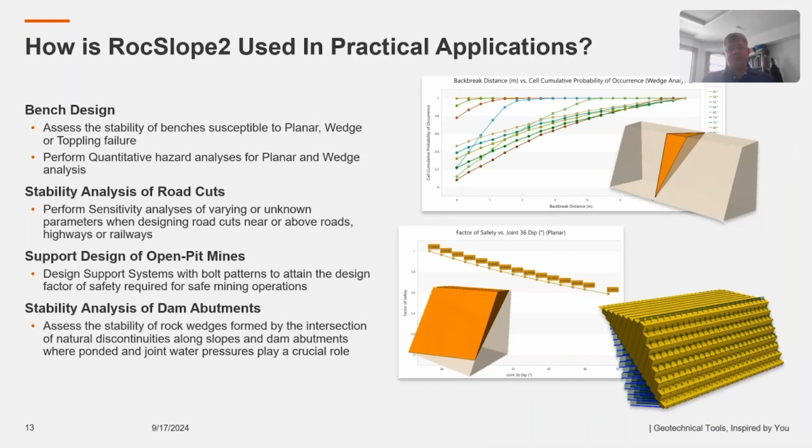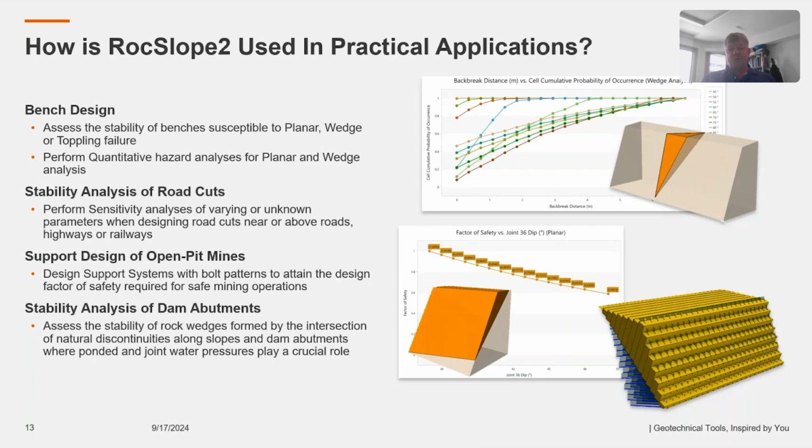Okay, so what are the practical applications for RocSlope2? Well, it can be used for bench design, for looking at probabilities of maintaining certain bench widths and back break distances and all that sort of thing. You can use it for, obviously, road cut stability, railway cut stability.